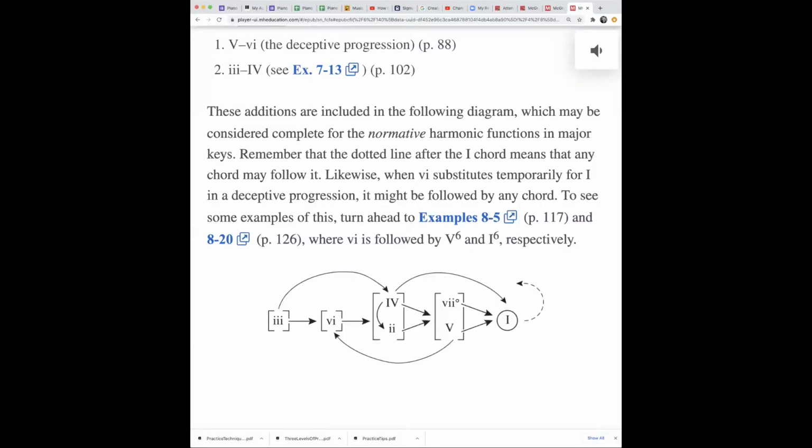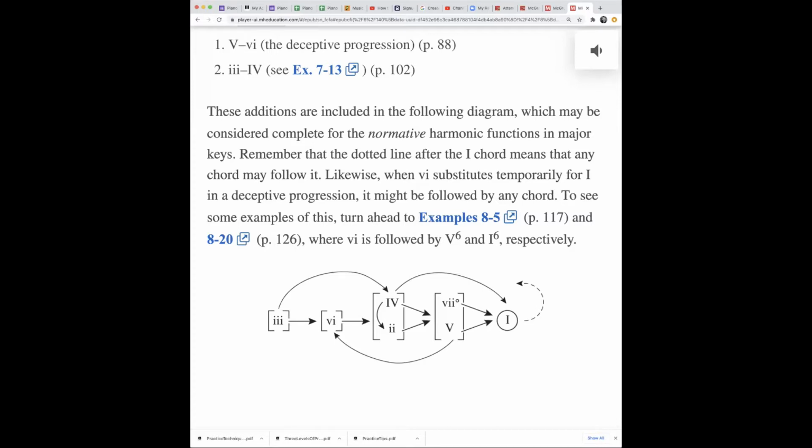Does this look familiar? Yes. This is the latest and greatest chart for major.